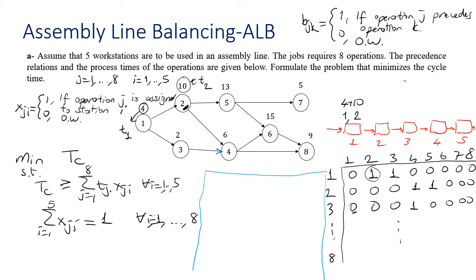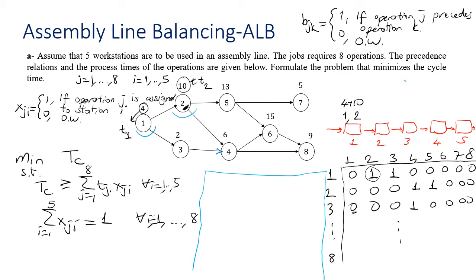Now let's have a look at the relation between 1 and 2. What should we say? We should say that task 1 should be assigned to an earlier or to the same station as task 2.